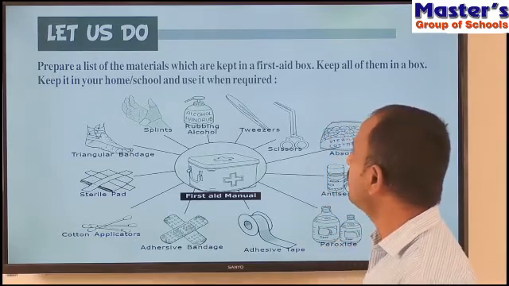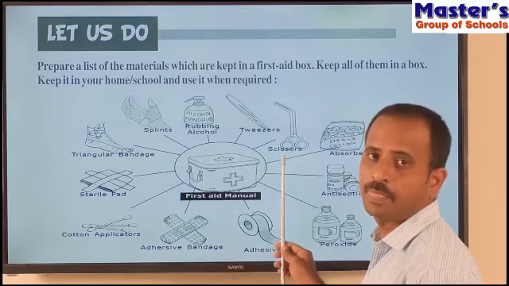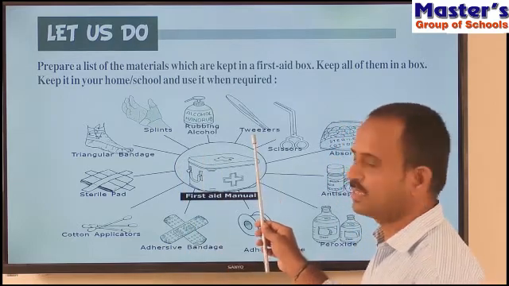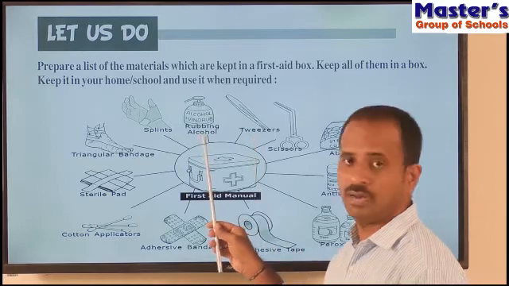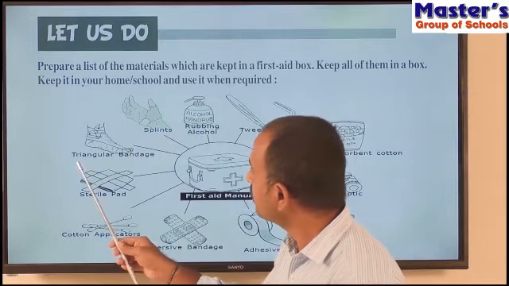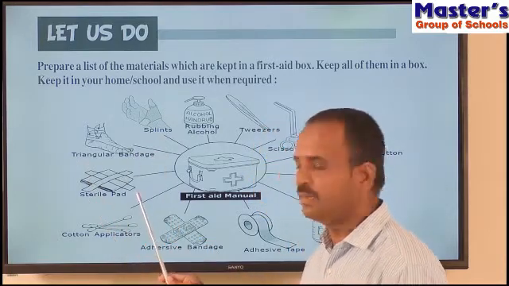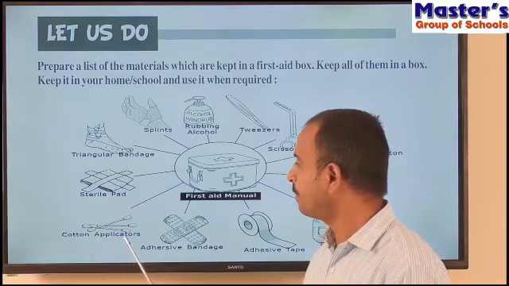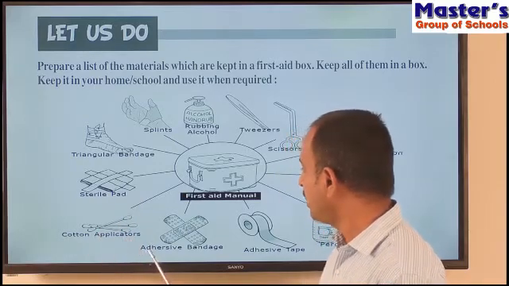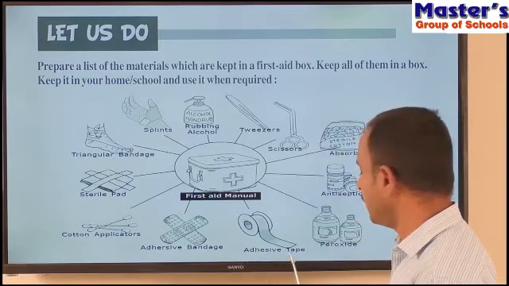Let us see what objects we have to keep. The first one is scissors. Another one is tweezers, rubbing alcohol and splints. And this is a triangular bandage, sterile pad, cotton applicators, adhesive bandage and adhesive tape.